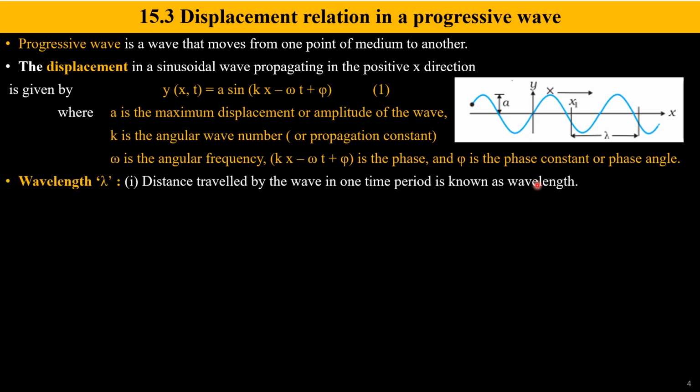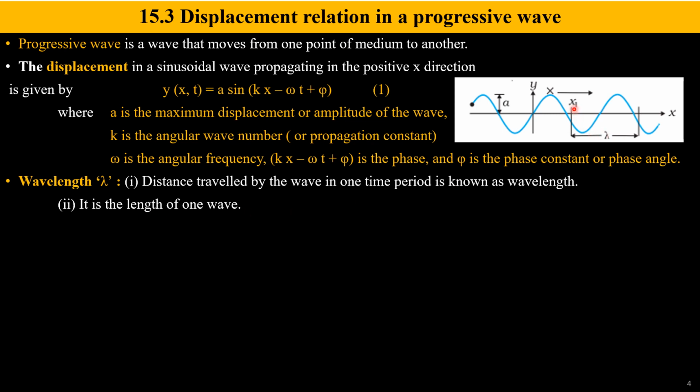The next physical quantity is the wavelength, represented by the Greek letter lambda. Wavelength is the distance traveled by the wave in one time period. Hence, it is the length of one wave, and it is shown in the figure.